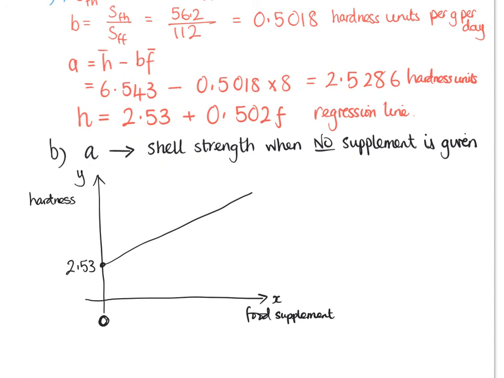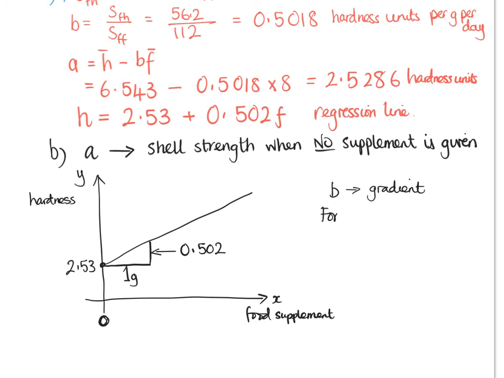And then that means that B is the gradient. Now what does the gradient actually mean? Well, for every 1 gram of food supplement given, we get an increase in the shell hardness of 0.502. So it's the rate of increase of hardness.